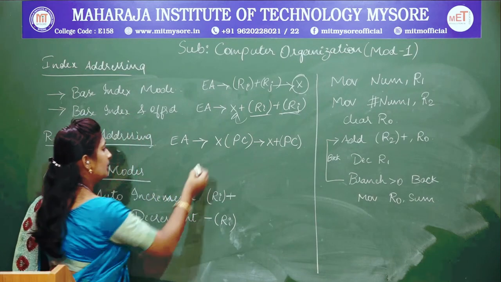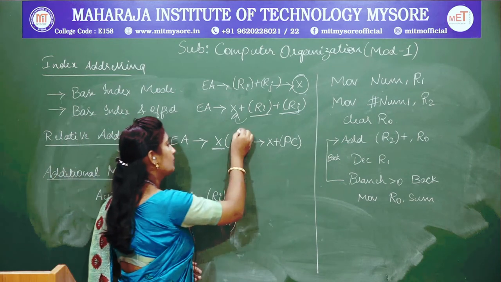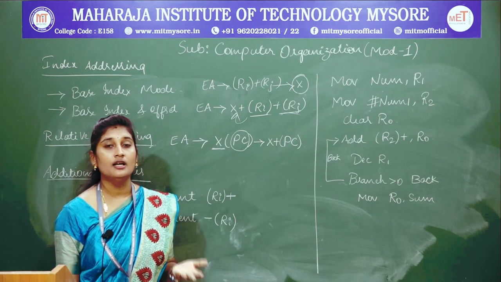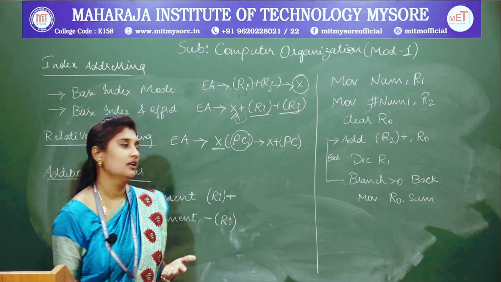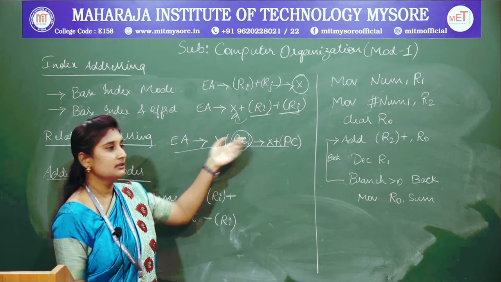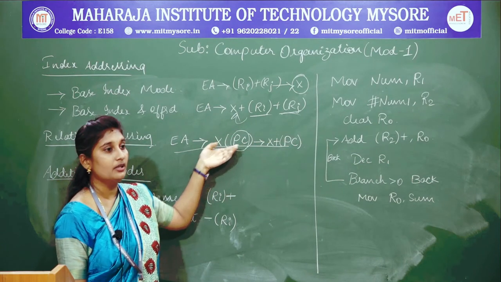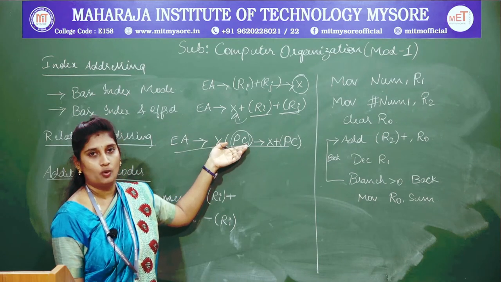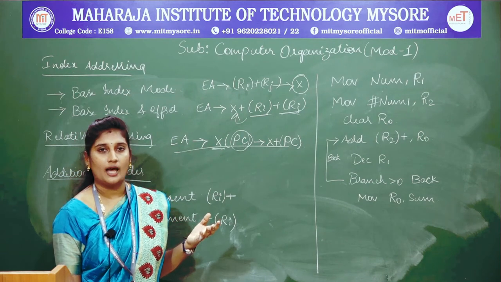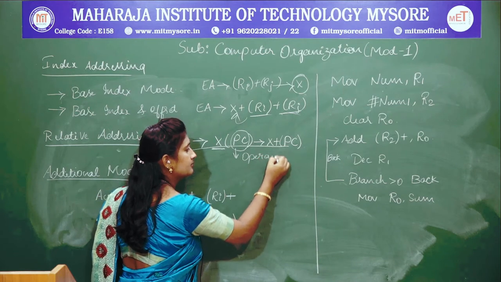This X will be a constant value, that is the offset or displacement, whereas the program counter carries the contents of the operands. Your effective address will be calculated as X plus PC, where X is your offset or displacement and PC is your program counter, which is responsible for carrying the contents of your operands.